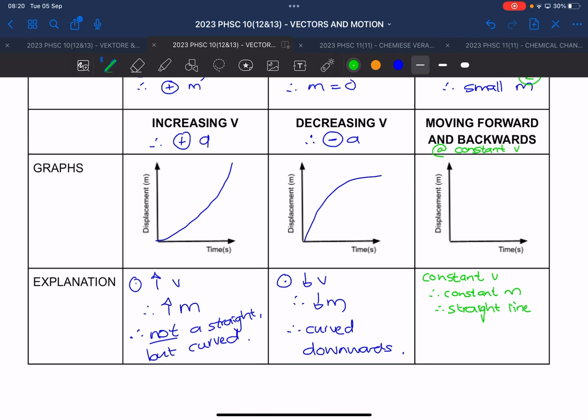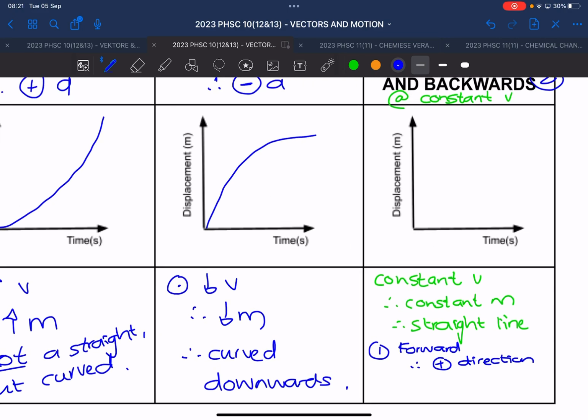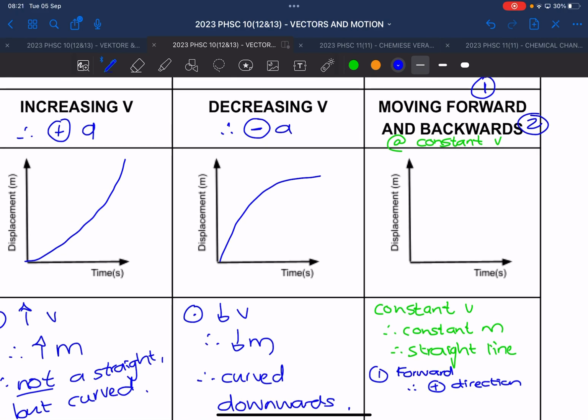Moving forward, let's make forward number 1 and backwards number 2. Moving forward means that you are moving in the positive direction. So that means you must have a positive velocity, and that means a positive gradient.